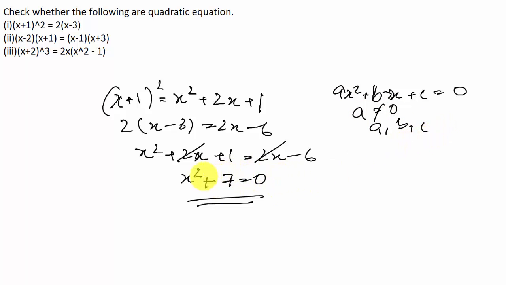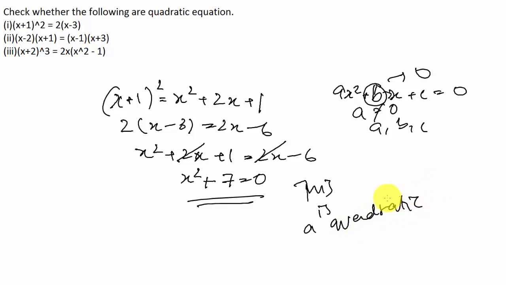So in this equation b is 0, and a, b and c are real numbers and a is not equal to 0. So we can say that this is a quadratic equation. We can also write this as x square plus 0 into x plus 7 equal to 0. Hence this b is equal to 0.